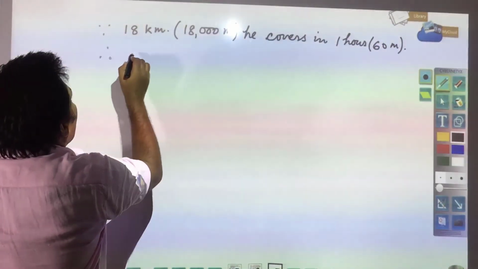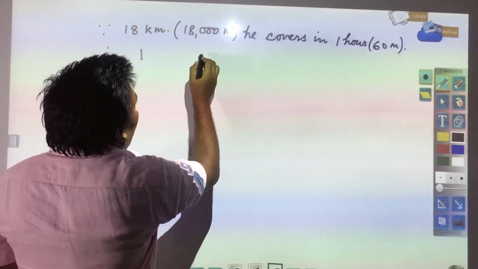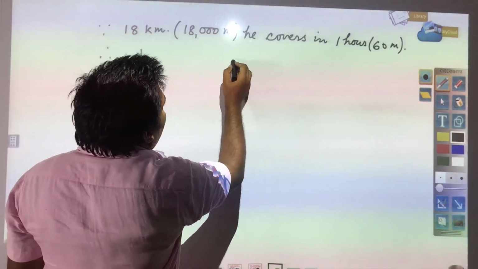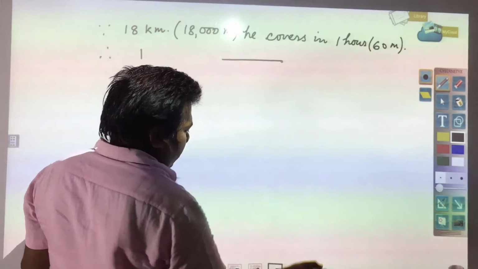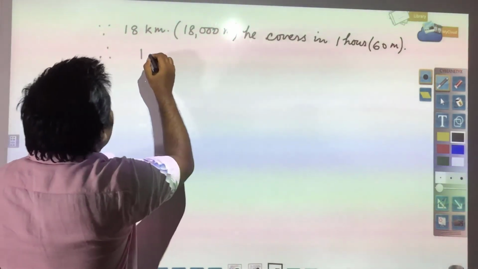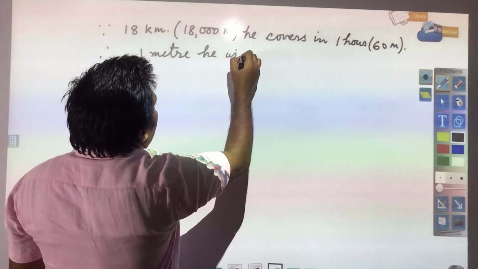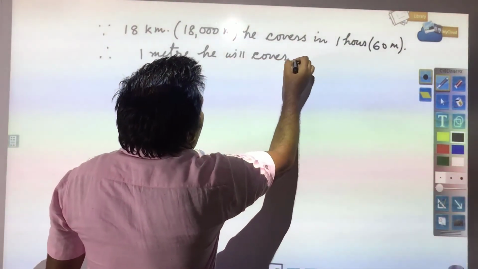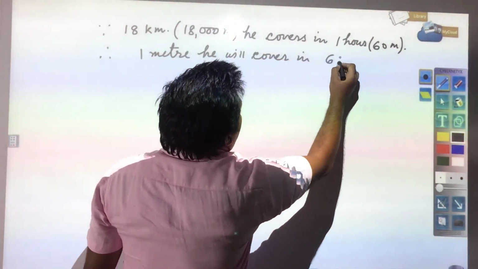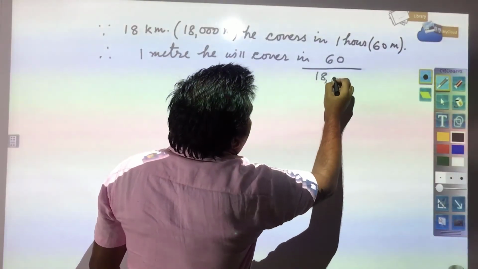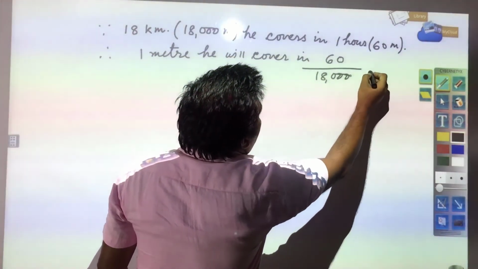Therefore, 1 meter he will cover in 60 by 18,000 minute.